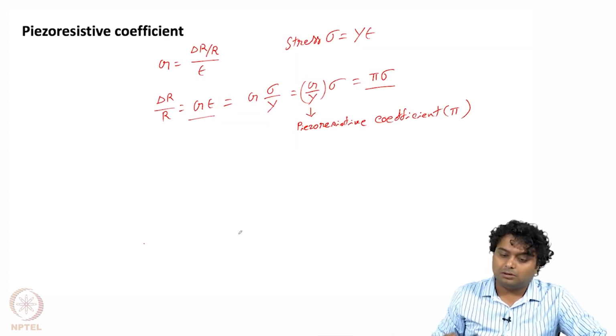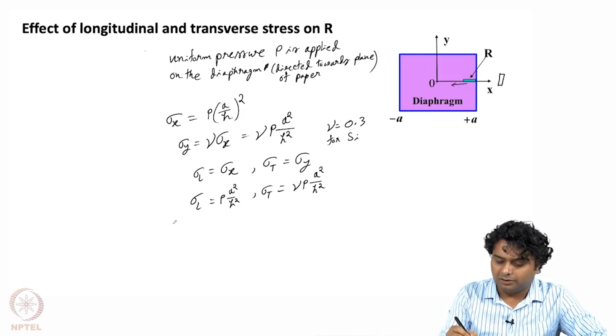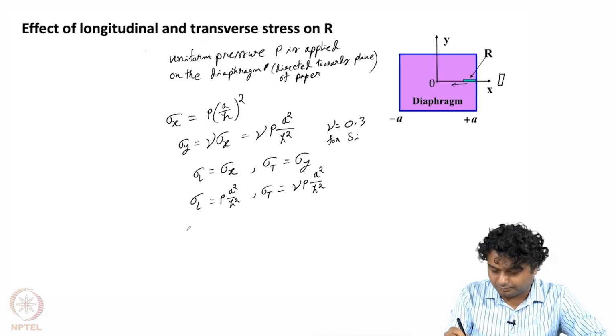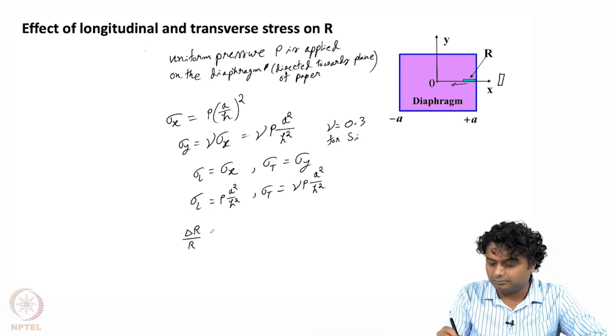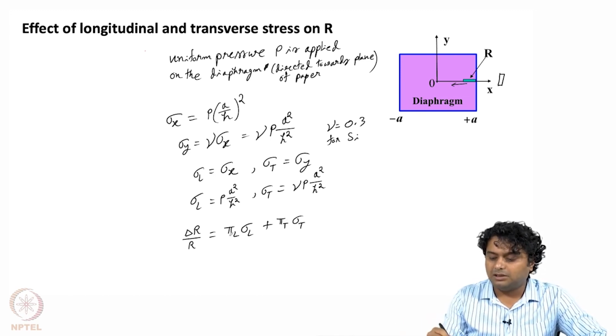Now, earlier we have seen that delta R by R can be represented as the gauge factor into strain, or the piezoresistive coefficient into stress, right. So, we already have the stress values. As I mentioned, this piezoresistive coefficient has a directional property.